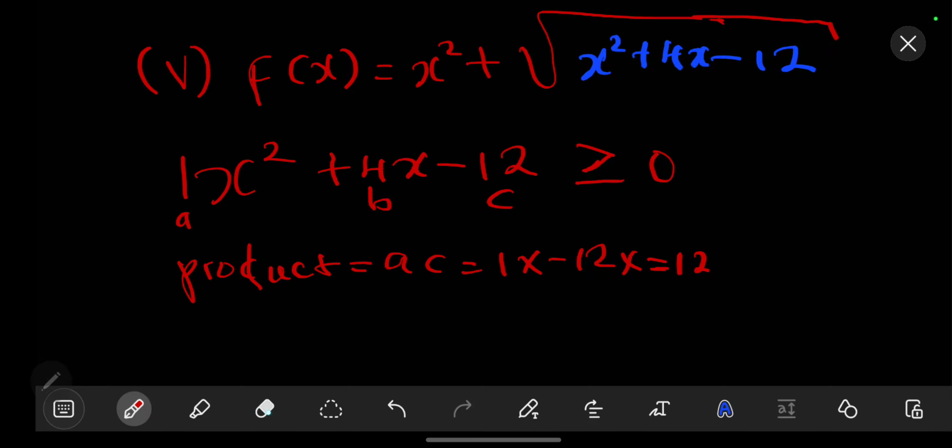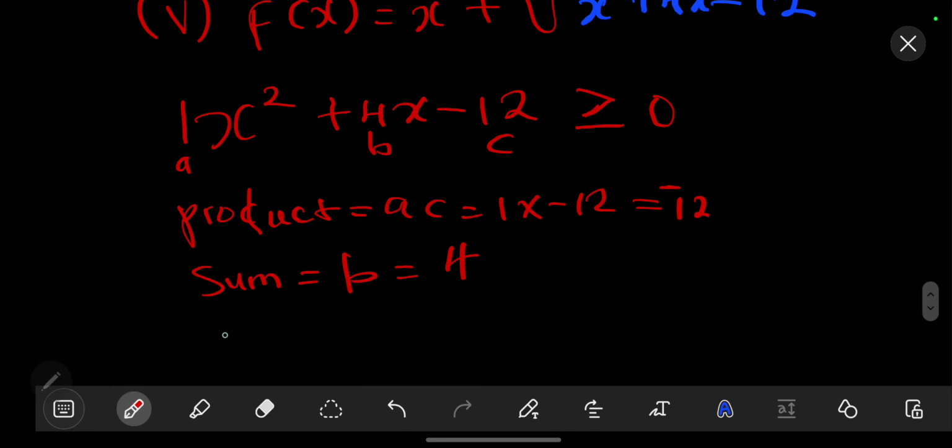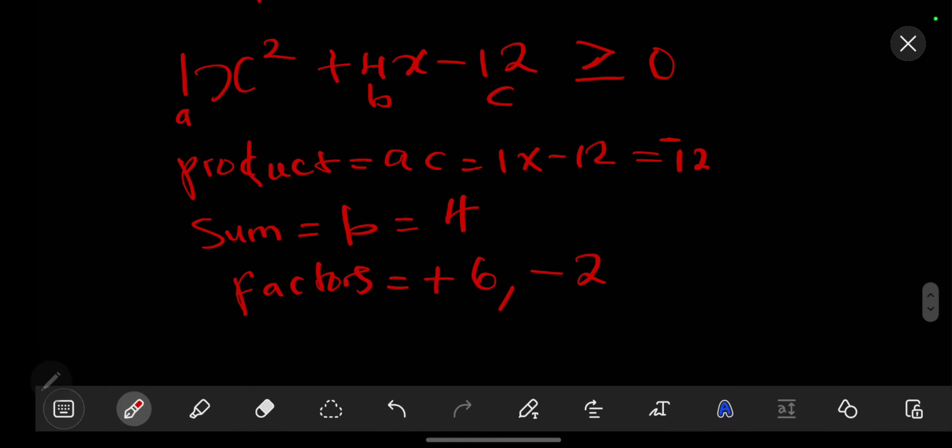Then we have our sum, which should be equal to B, and our B value is 4. Then we have our factors, two values which, when we multiply them, give us negative 12, and when we add them, give us a positive value. So those values are 6 and negative 2, sorry.